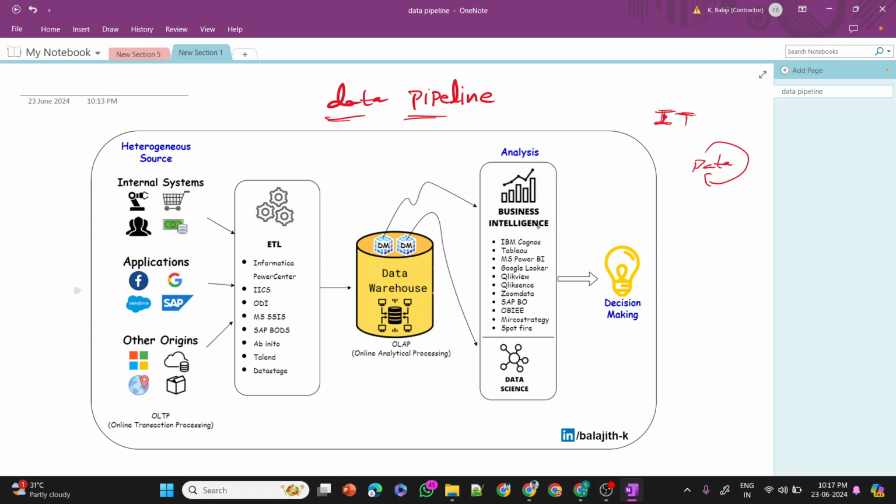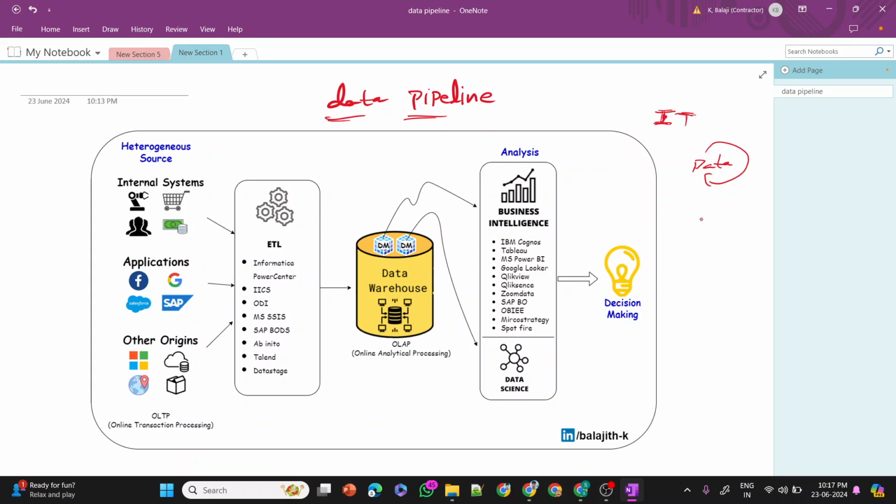For example, a company wants to grow their revenue, but they do not know how to increase it. They need to do some analysis using the data they have. Let's take a company involved in the share market.